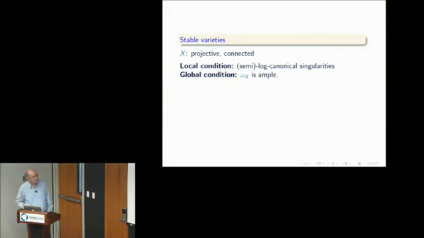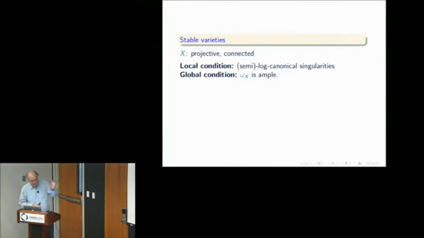And so then the stable varieties, which should be the analogs of the stable curves, should be projective, connected and reduced. Well, that follows from the singularities. And there are these two conditions that should be satisfied. The local condition is that essentially they should have semi-log canonical singularities.